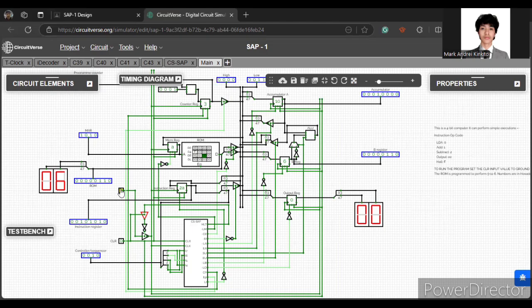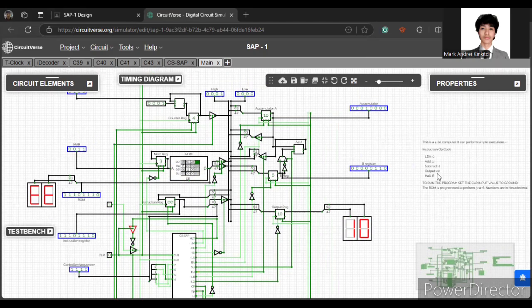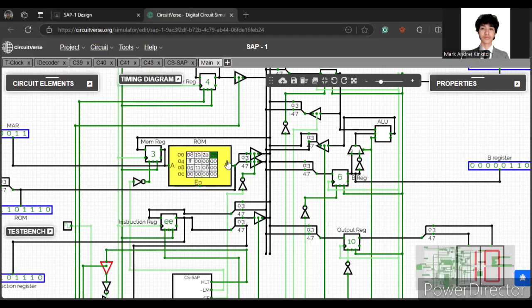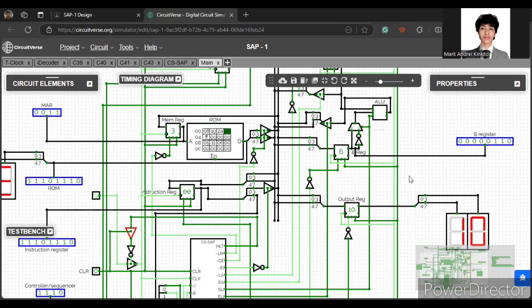Then we're going to display at the next click, which is here, stored in the value of the ROM. Now it is registered. So we have output in the output register, as you can see, the value is now registered.